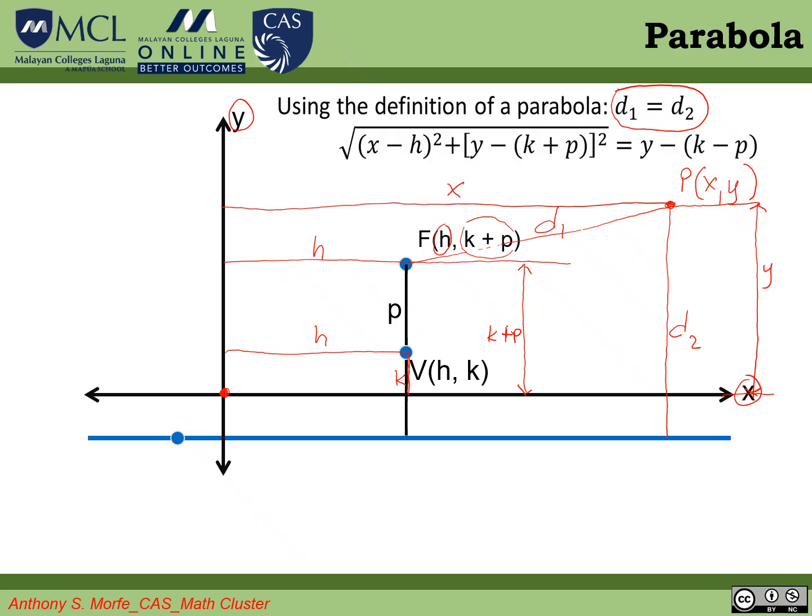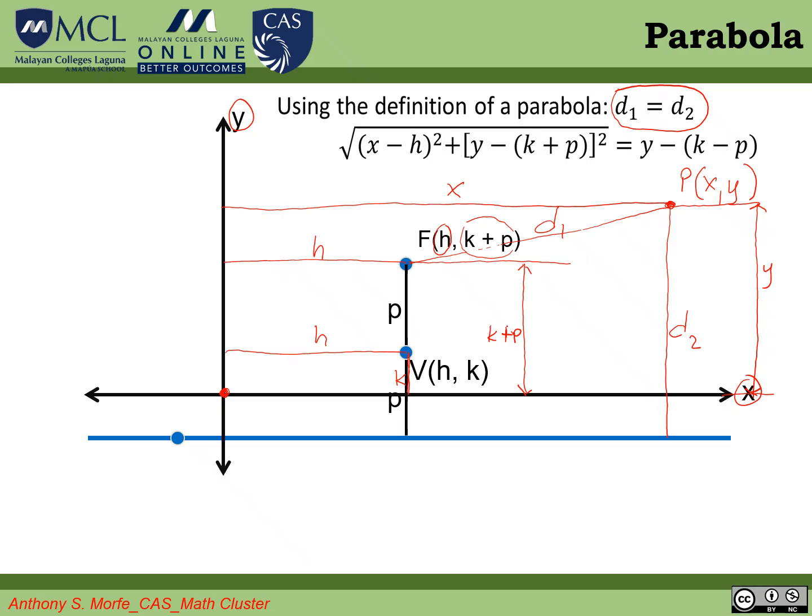Now, from this illustration, if you look at this clearly, the distance from the vertex to the focus is the same as the distance from the vertex to the directrix. So this is also equal to p. This distance is also equal to p. Why is it equal to p?